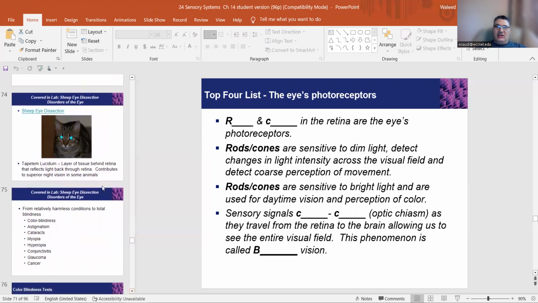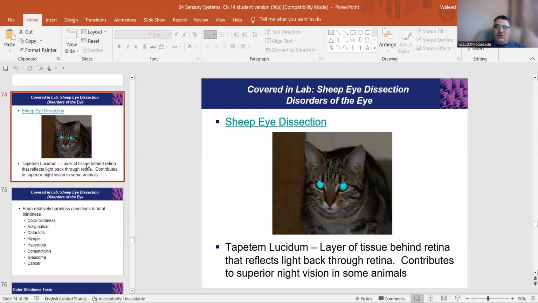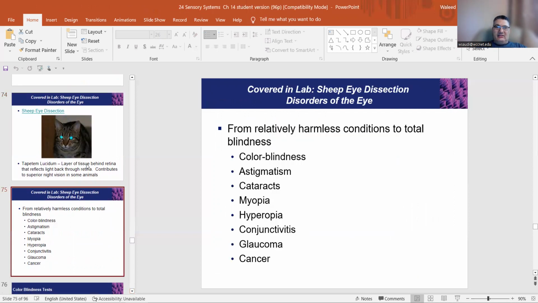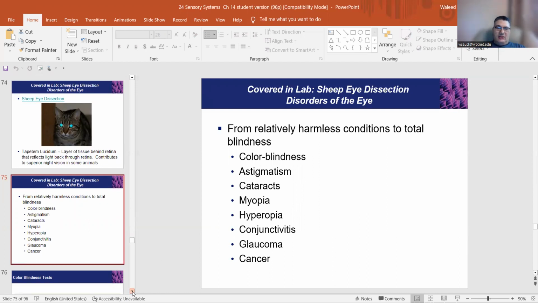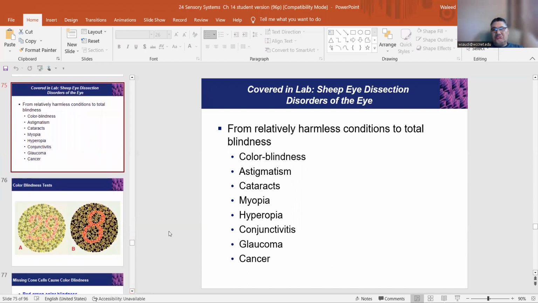The rest is only if you are interested to know. It's more of a lab, and these are different conditions. I'm not going to ask you about it. It's more advanced for our course. So if you're interested, color blindness is when you cannot see one or more colors.